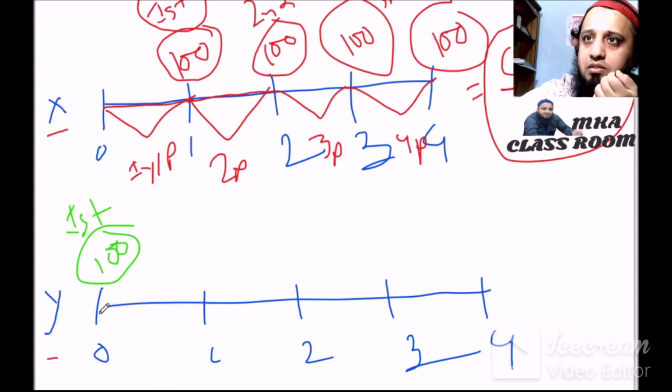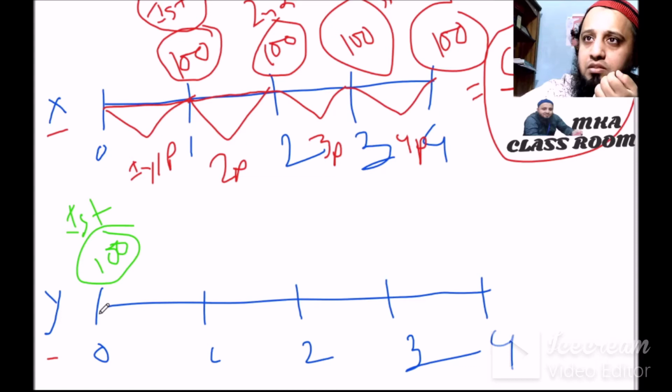Your first installment starts at the beginning of the period, 0 to 1, that is period 1. Your second payment starts at the beginning of the second year.